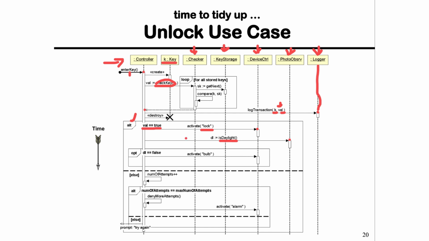Okay, then we just took the first option, but the optional one in this alternative would be the daylight is equal to false. For instance, here we have a checker that checks whether the daylight is on or not. If there is no daylight, then the light of your house should be on for that purpose. The second option here, opt, is DL is equal to false, then activate bulb will be triggered.